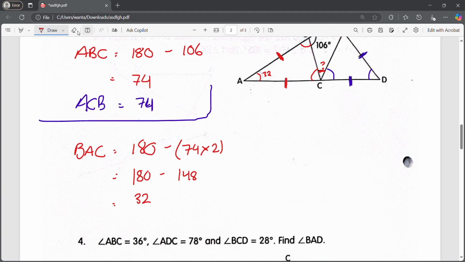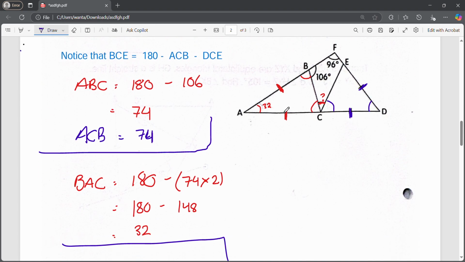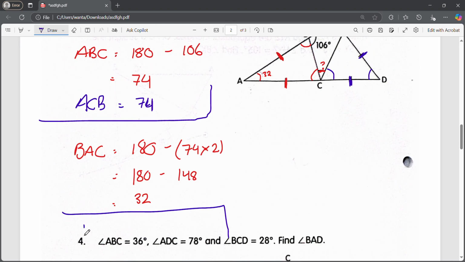And how does that help us? Well, since it's 32 and this whole figure is a triangle, we can now find ADF or FDA. Well, let's just say FDA.